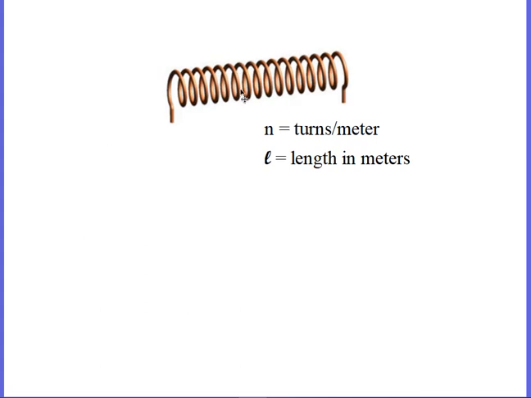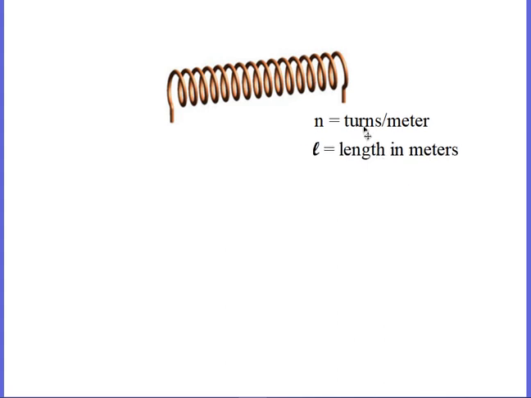Okay, now I want to talk about that geometric property of inductance that I referred to. And before I get into that, I need to introduce some new nomenclature. I don't think it's totally new. I think we've done this before.